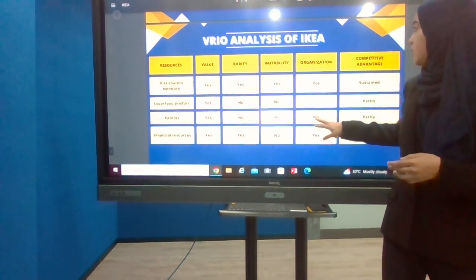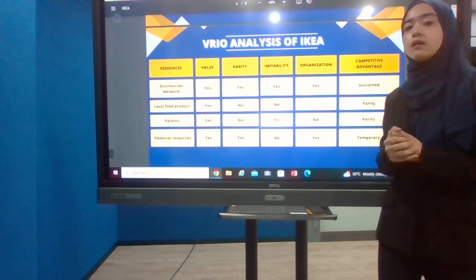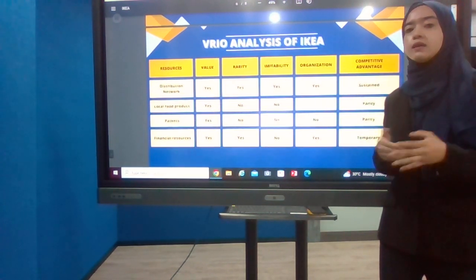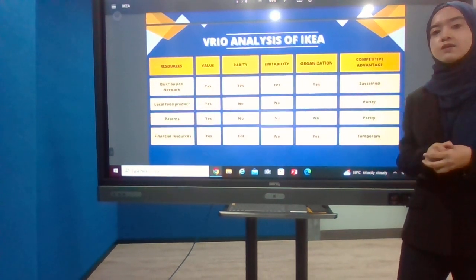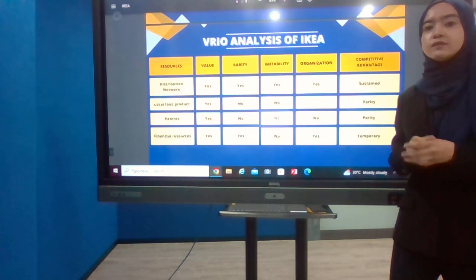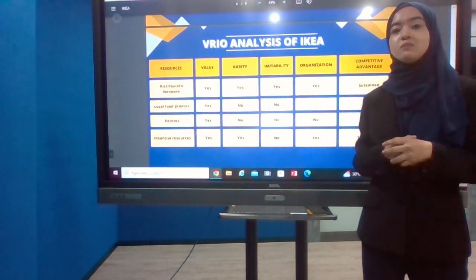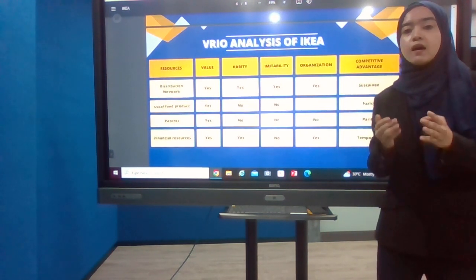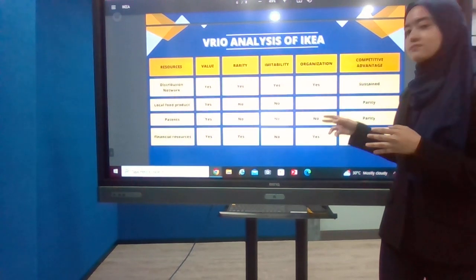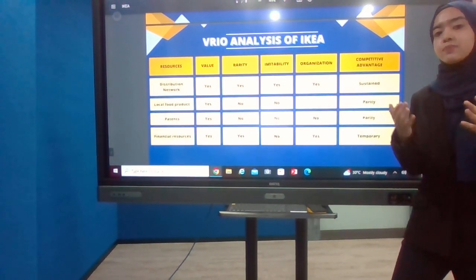Next, for the organization is no, where the patents of IKEA are not well organized as identified by the IKEA VRIO analysis, which means that the organization is not using these patents to their full potential, and an unused competitive advantage exists that can be changed into a sustainable competitive advantage if IKEA starts selling patented products before the patents expire.